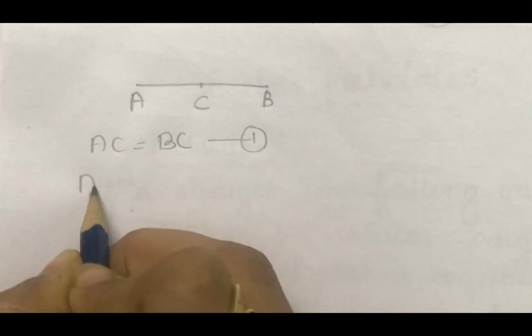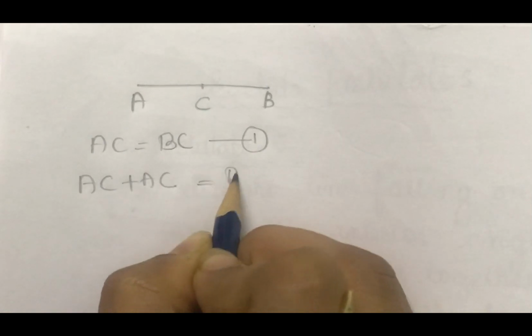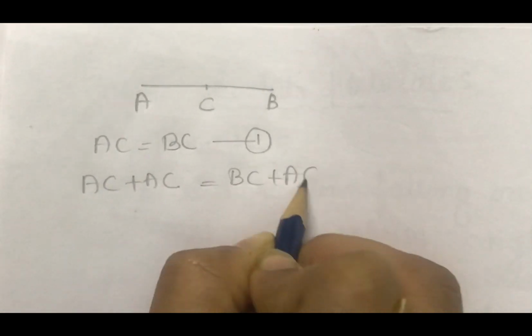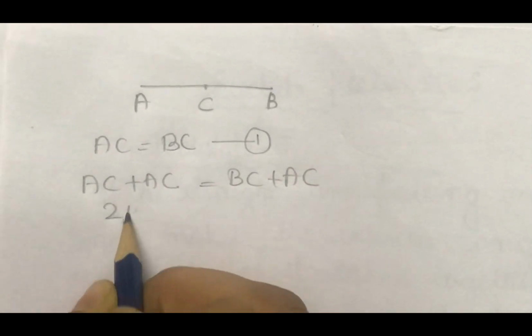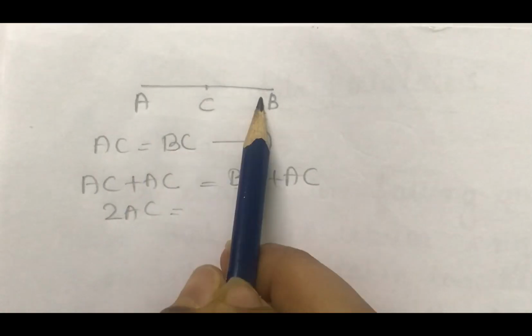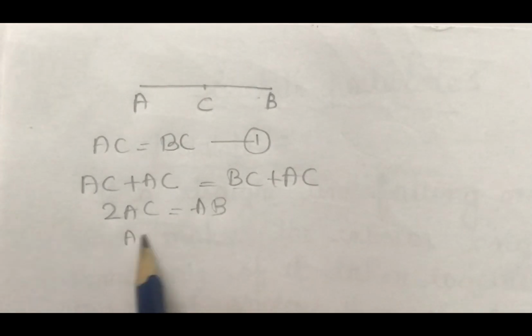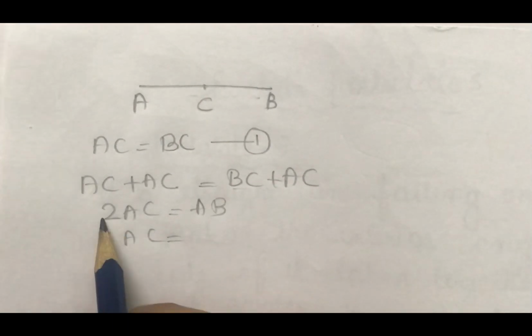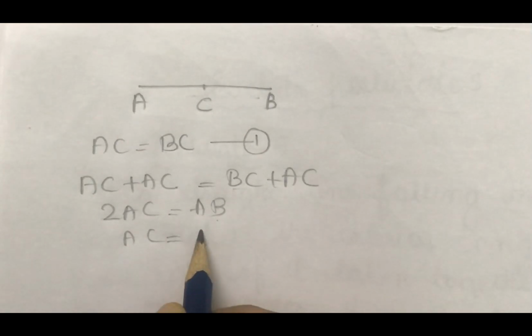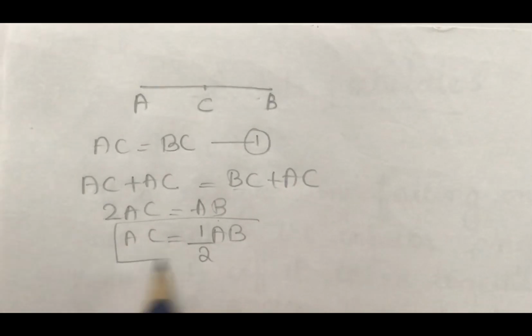So we add AC on both sides. AC plus AC is equal to BC plus AC. So AC plus AC is 2AC. What is BC plus AC? BC plus AC is AB. So what will be AC? AC is, we transpose to the other side, so half AB. Hence we proved that.